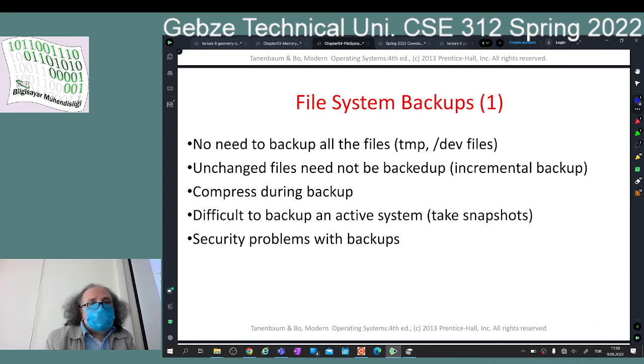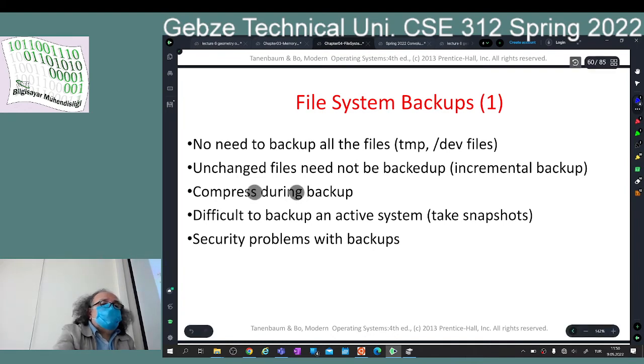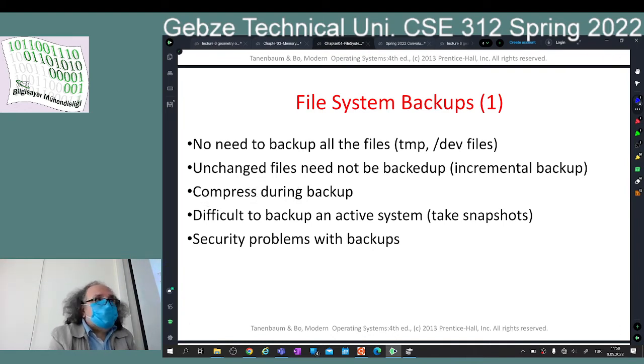So no need to back up all the files. Maybe we should be smart about it. And if I keep taking backups of the whole system, let's say every week, I don't have to take the backups of the unmodified files because I did not modify them. I already have a backup of it. The unchanged files need not be backed up. Another nice idea would be compression during the backup.